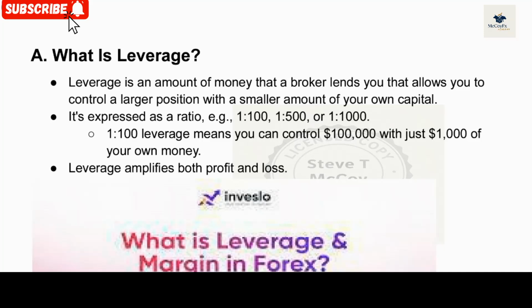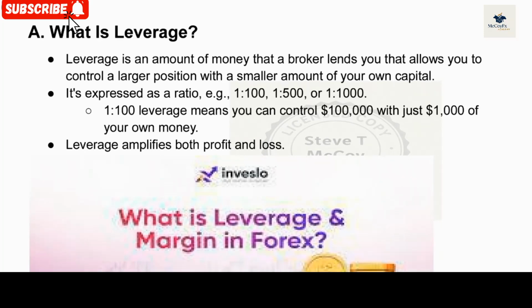Example, 1:100 ratio, or 1:500 ratio, or 1:1000 ratio. 1:100 ratio leverage means you can control $100,000 with just $1,000 of your own money. So let's say you have $1,000 to start your trading or to deposit into your trading account.